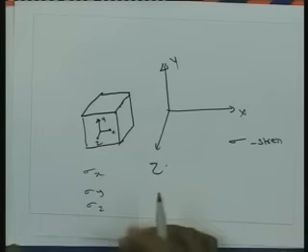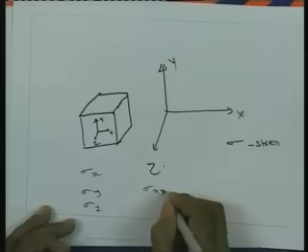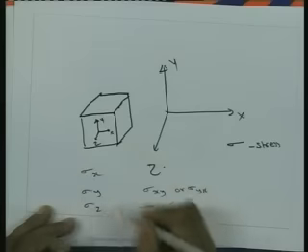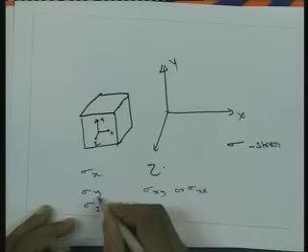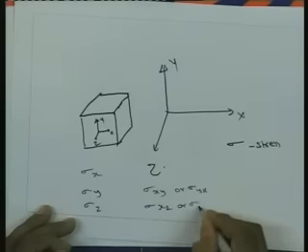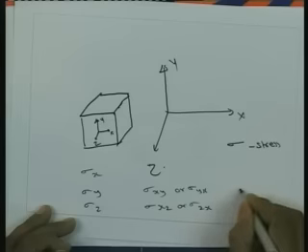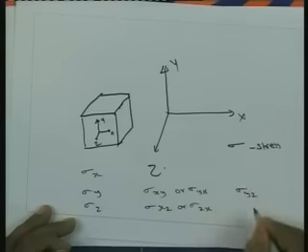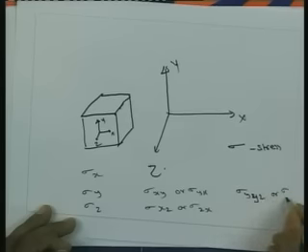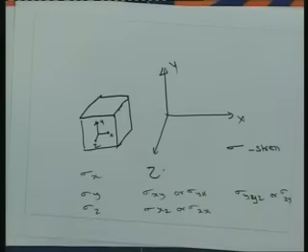And then with respect to the x y plane, it can be sigma x y or sigma y x, or with respect to the x and z axis, it can be sigma x z or sigma z x, and with respect to y and z, it can be sigma y z or sigma z y.